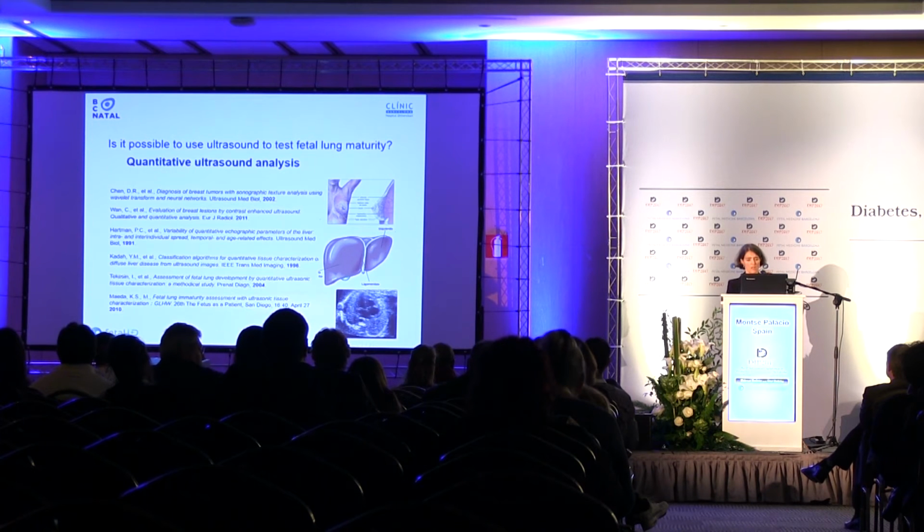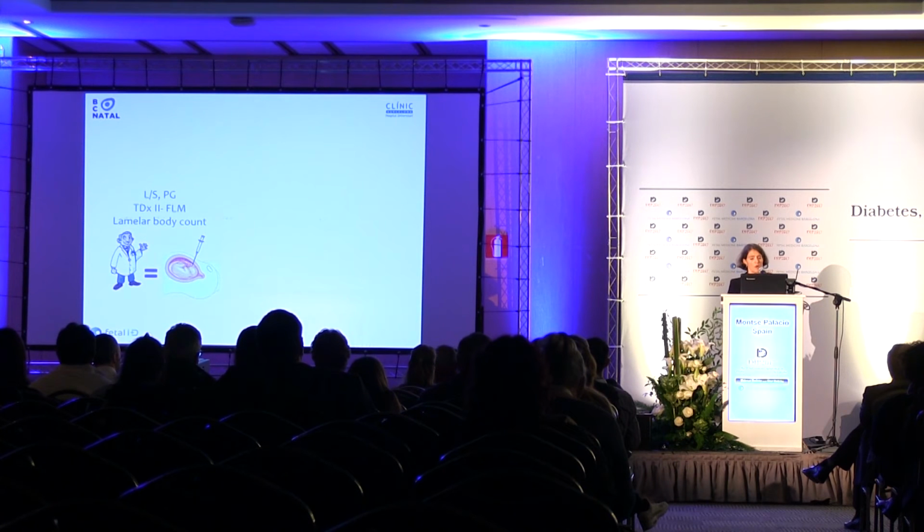So it was very logical to think that we could do something similar with the lung to know if this baby was going to have respiratory morbidity. But these techniques and publications never went into clinical practice.